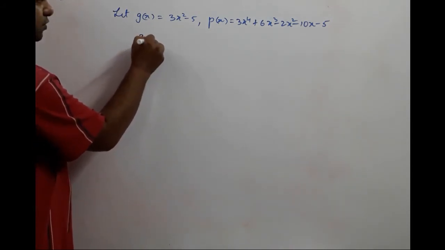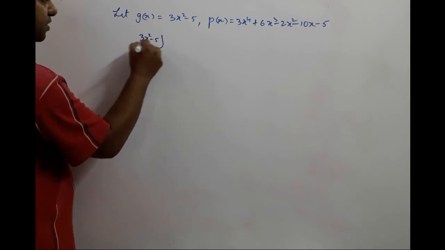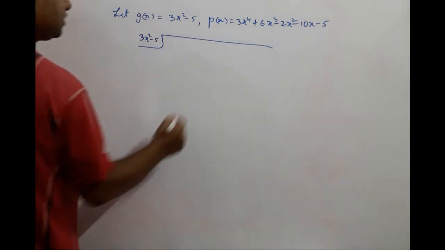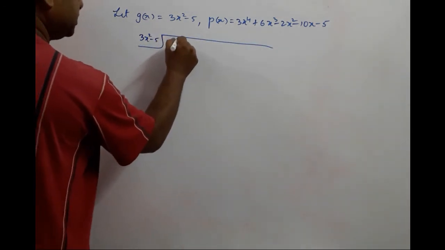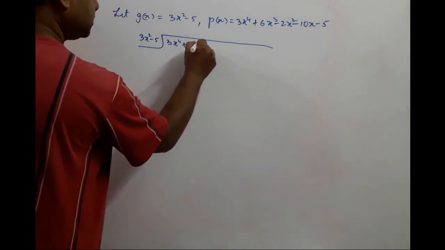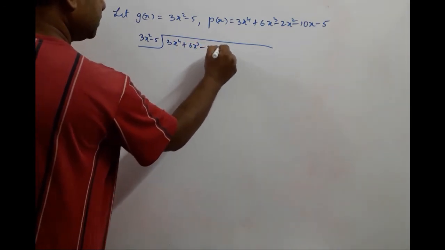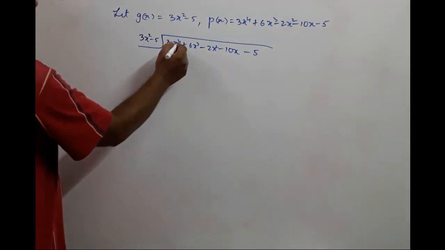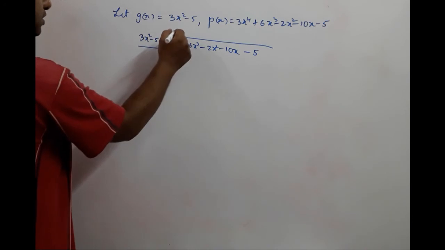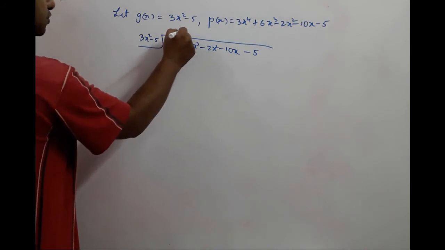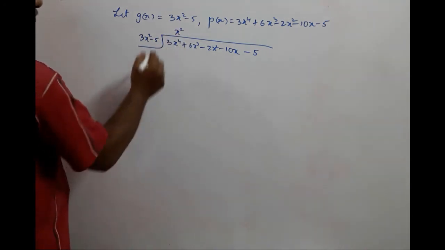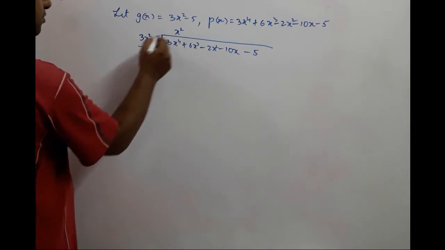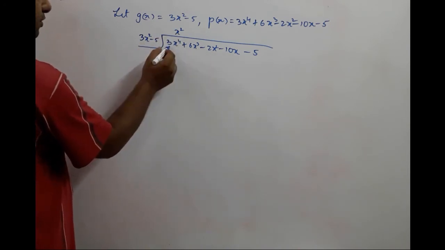So 3x square minus 5 divided into 3x raised to 4 plus 6x cube minus 2x square minus 10x minus 5. Highest power is 4, here it is 2. That means we need x square. We don't need to multiply it with 3 because 3 is already over here and we need 3 only over here.